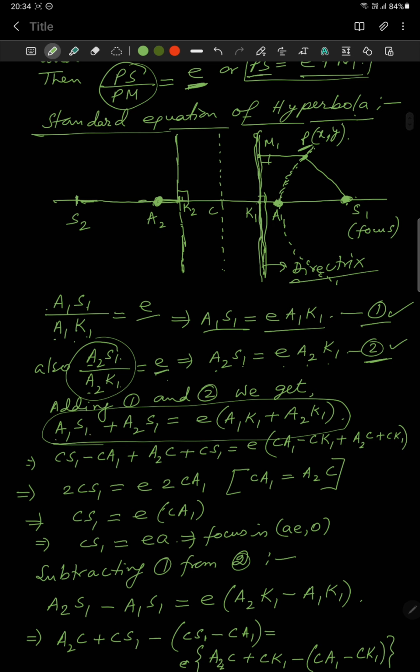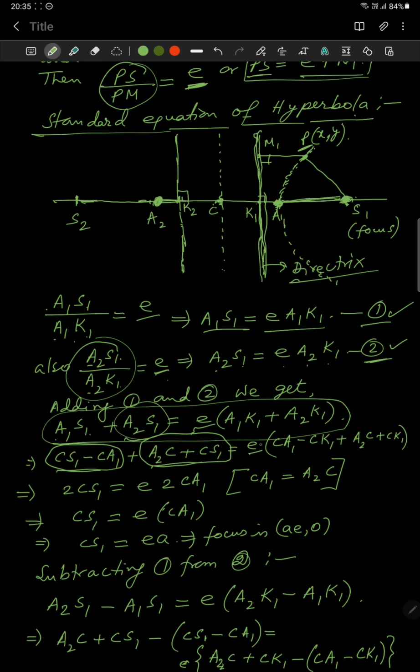Now, you try to locate A1S1: this length can be written as CS1 minus CA1. Similarly, A2S1 is written as A2C plus CS1.